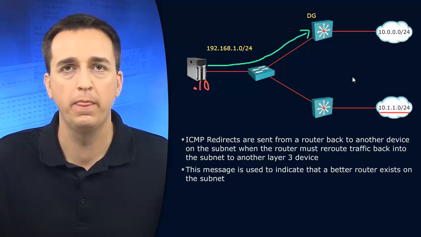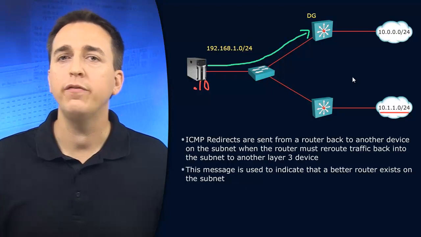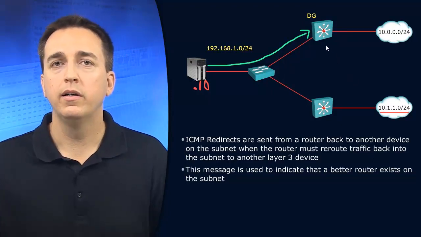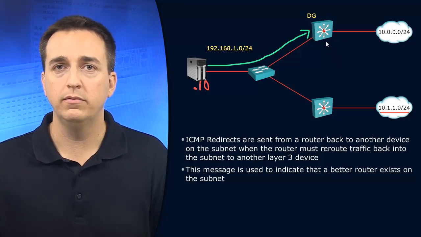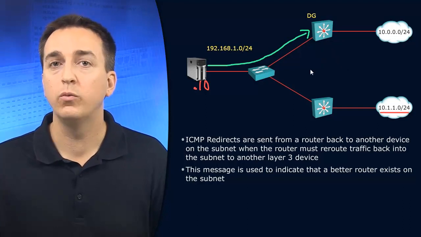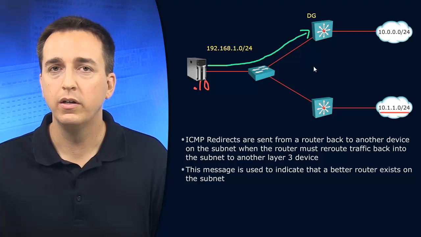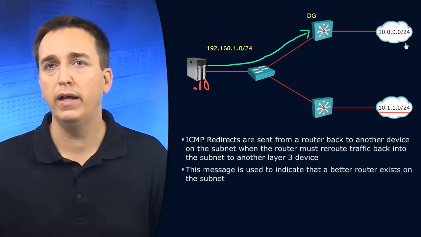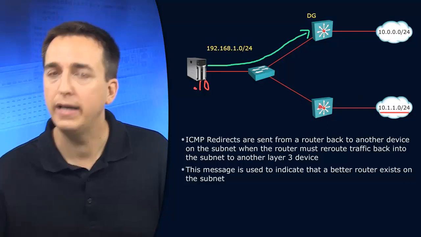No. And our default gateway knows that. It knows that because it has a neighbor relationship, using a dynamic routing protocol as an example, with the other router right here.